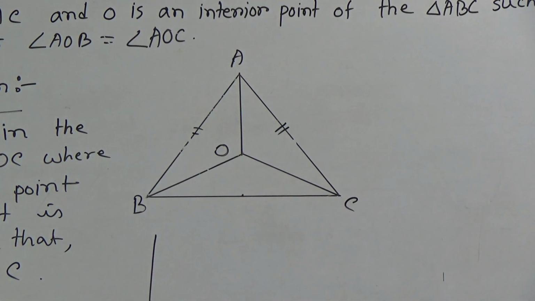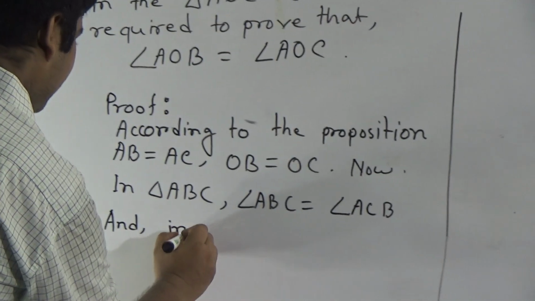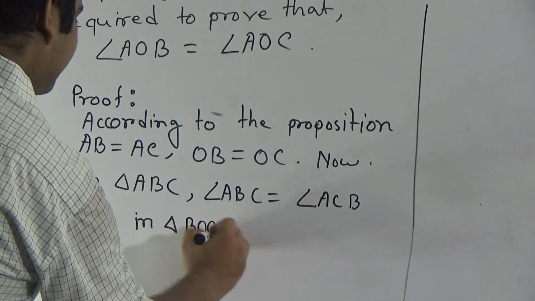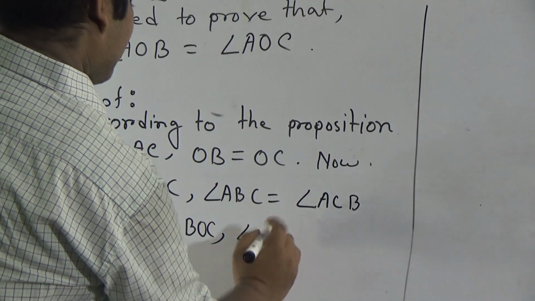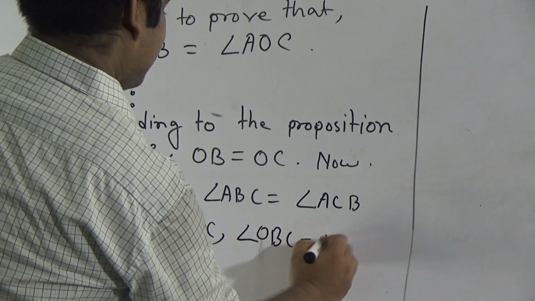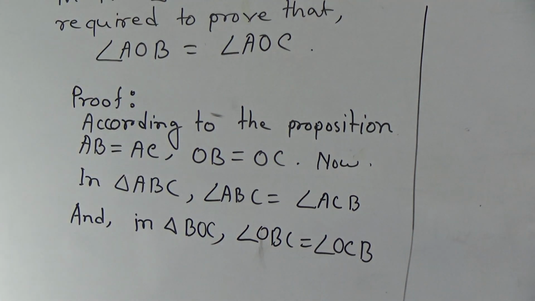Now write it. And in triangle BOC, OBC equal to OCB. I hope you have understood.